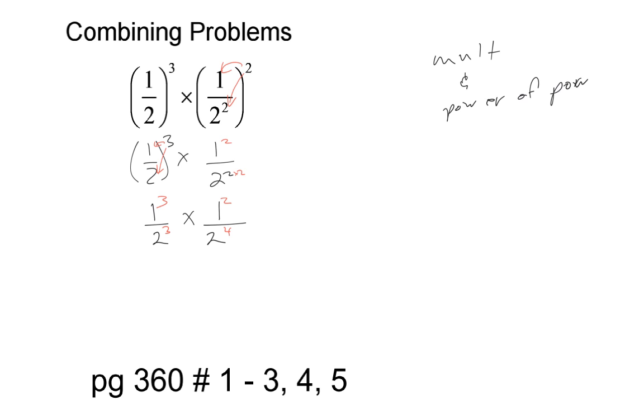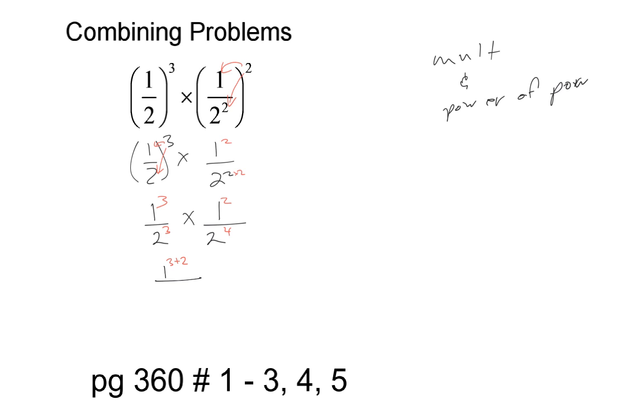Which means now we can combine the tops because the tops have the same base and the bottoms have the same base. So this really means 1 cubed times 1 squared. Isn't that just 1 to the power of 3 plus 2 using the multiplication rule?